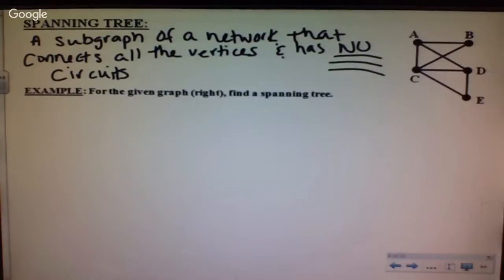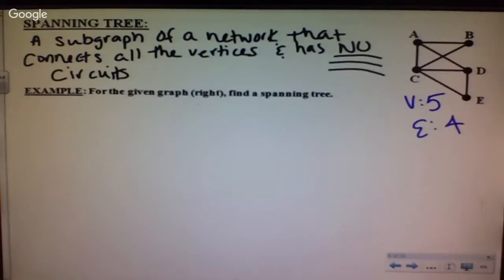For instance, take a look at this picture that we're trying to create this spanning tree for. How many vertices do I have? 5: A, B, C, D, and E. If I have 5, how many edges would create a tree? 4.